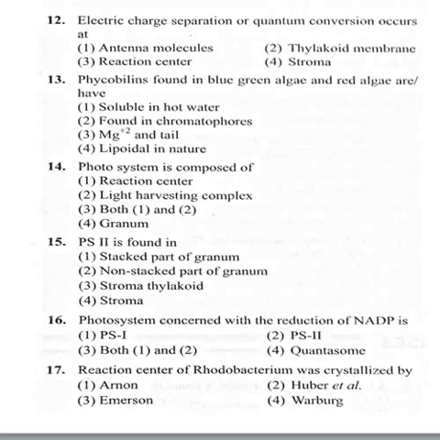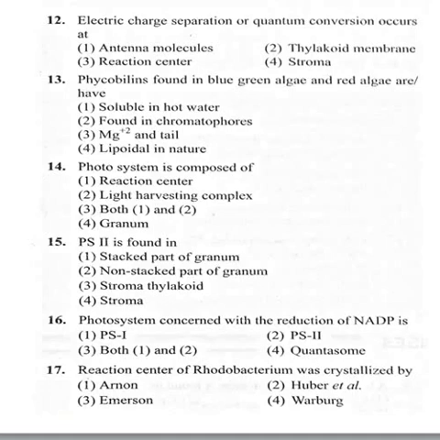Phycobilins found in blue-green algae and red algae are option 1 soluble in hot water, option 2 found in chromatophores, option 3 magnesium ion and tail, option 4 lipoidal in nature. So phycobilins are usually proteinaceous pigments found in phycobilisomes.